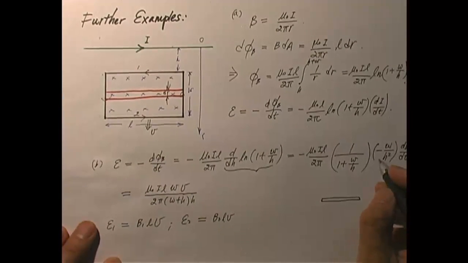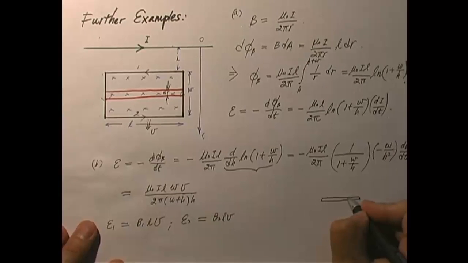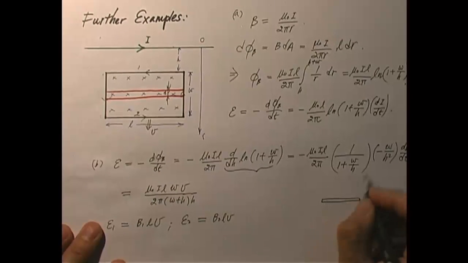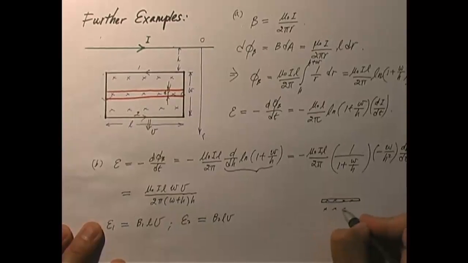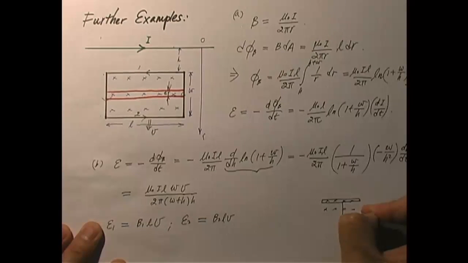You have a bar cutting through magnetic field lines, which in this case are pointing into the page, and the bar is cutting field lines like that. Did we find a way to determine which side has a higher potential? Just look at the motion of the free electrons, right?